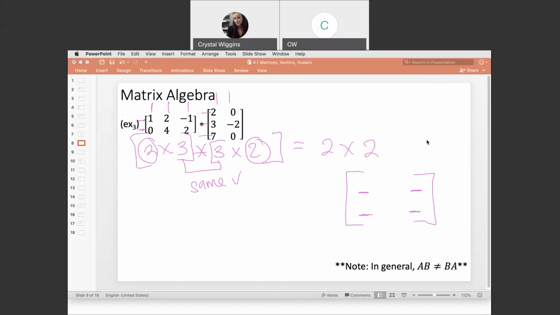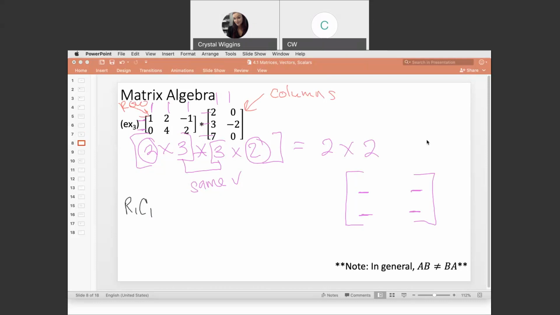So this first calculation is going to be row 1 times column 1. This first matrix is going to be the rows. So we are always going to be looking at the rows of the first and the columns of the second matrix. So the order in which you multiply does matter.